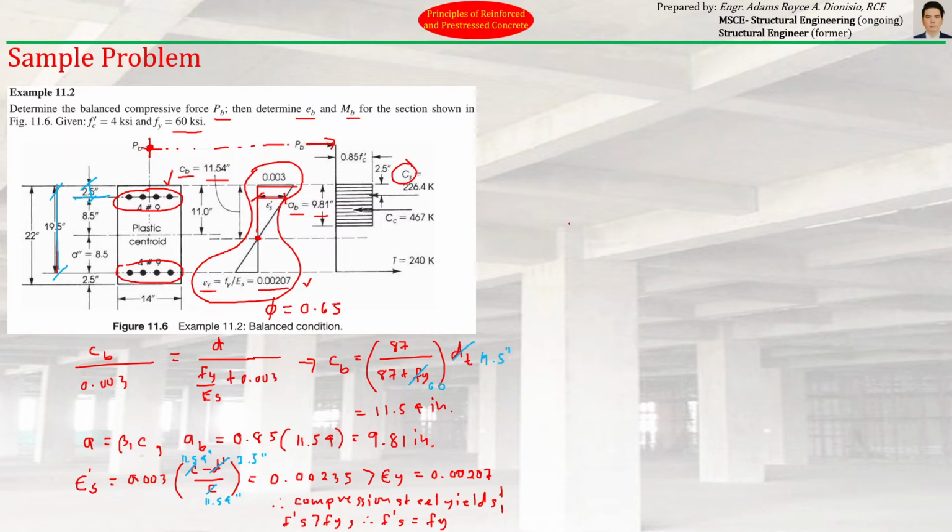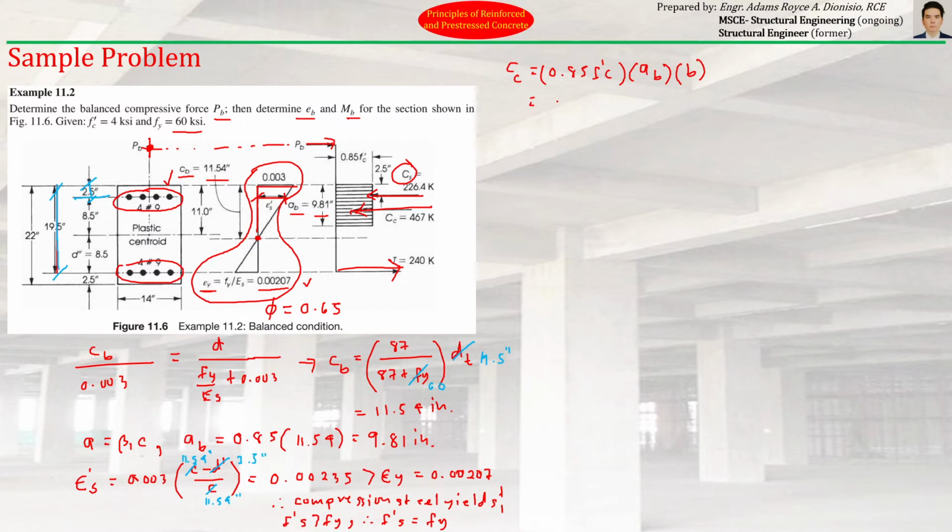Okay? So with that, we can now compute for each of the forces acting here. Ito, yung Cs, yung Cc, tsaka yung T. Lagi naman yung apat na magkakapartner plus yung P. Okay? So isa-isahin muna natin. Let's start with Cc, yung force acting dito sa compression block. So that is just equal to 0.85 fc prime times the depth of the compression block, ab, yung a balance, times the width, b.